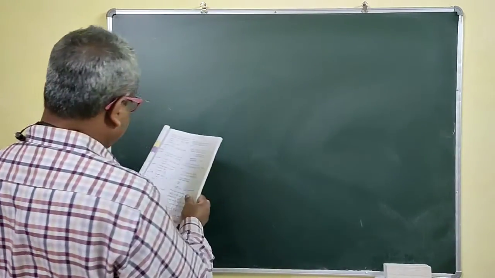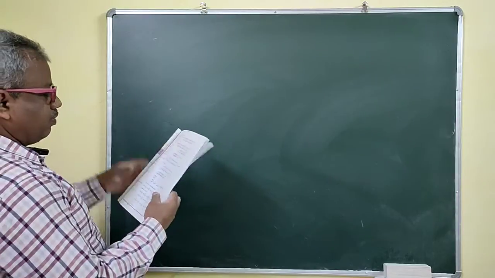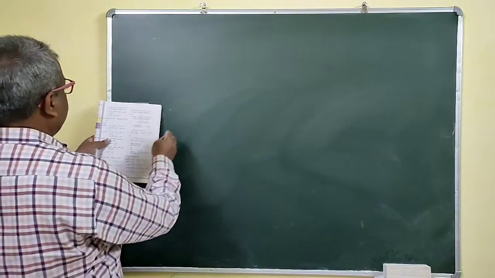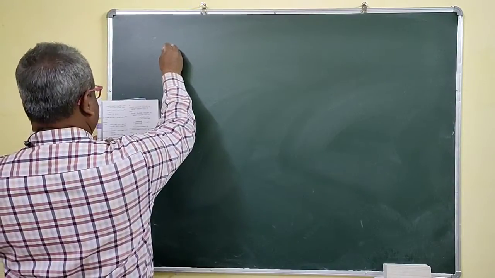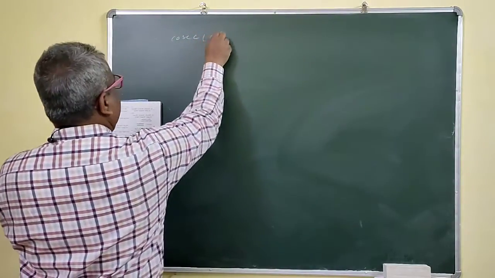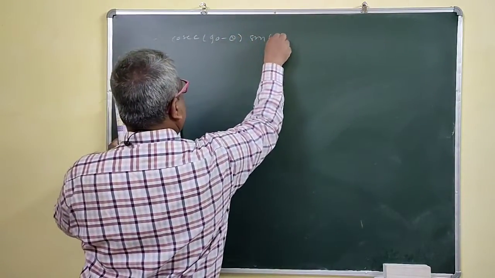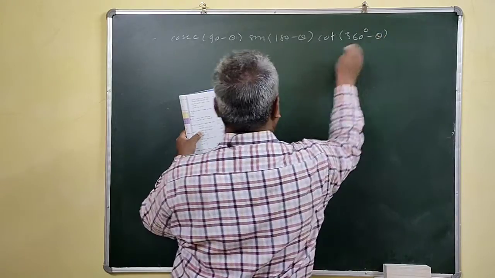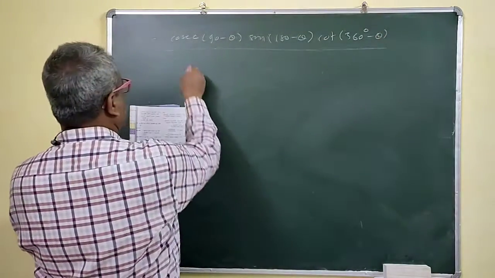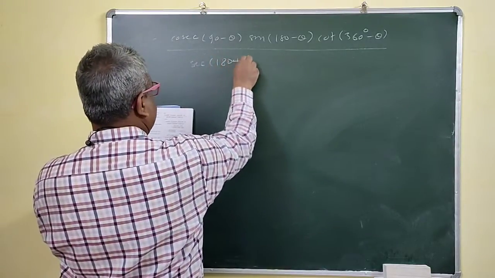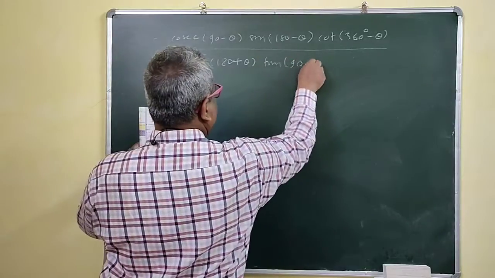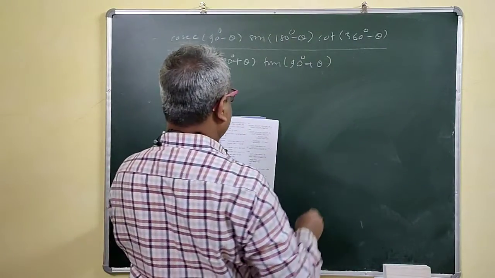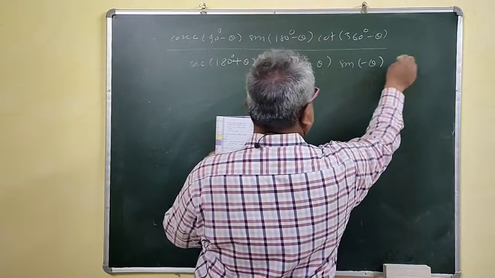Take the next problem. Show that cosec(90° minus theta) sin(180° minus theta) cot(360° minus theta) upon sec(180° plus theta) tan(90° plus theta) sin(minus theta) is equal to 1.